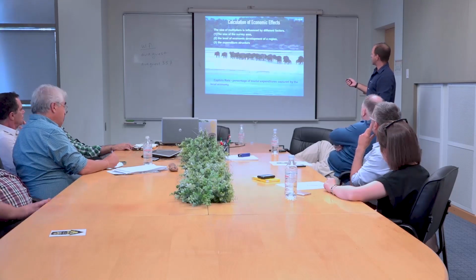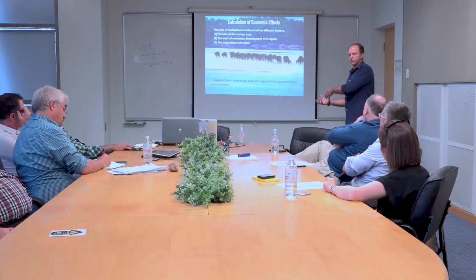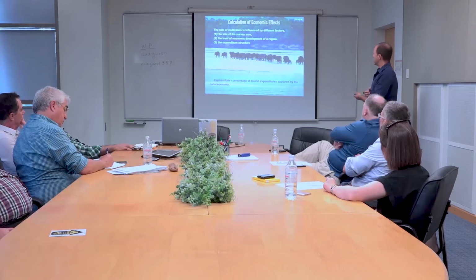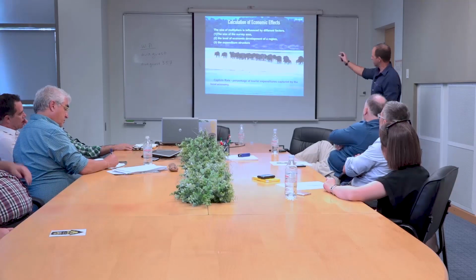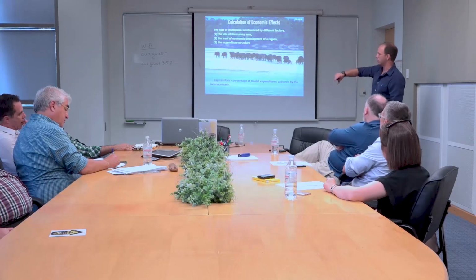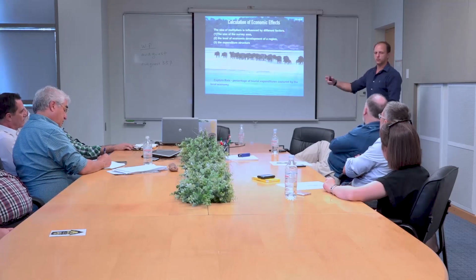The level of economic development of the region will affect the multipliers. Smaller regions have different multipliers from larger regions, and the expenditure structure will also be different in small regions than in larger regions, because the expenditure structure of small areas is different from larger areas.